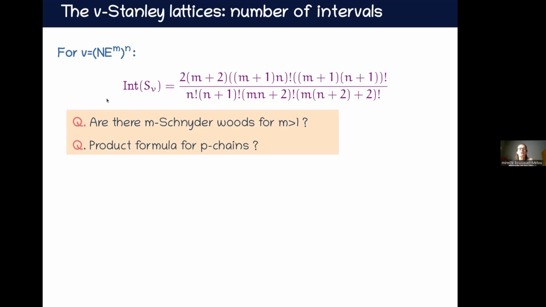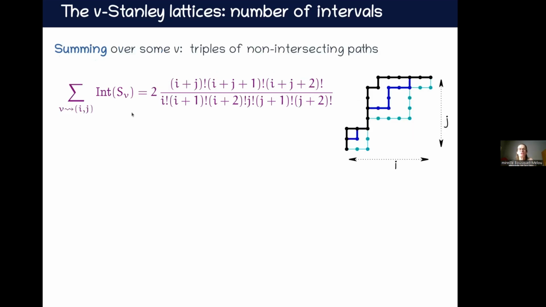Now, when your base path is arbitrary, I don't know of any nice formula, but what we'll often do is sum the number of intervals in the Stanley lattice SV for a whole family of base paths V. So here, for instance, I'm summing these numbers over all paths that end at position (i,j).